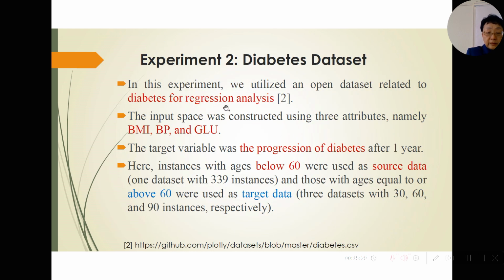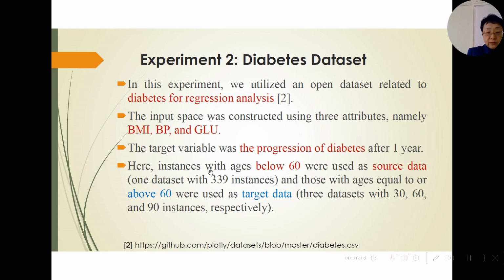In this experiment, we used an open dataset related to diabetes for regression analysis. The input space was constructed using 3 attributes, namely BMI, BP, and GLU. The target variable was the progression of diabetes after 1 year.